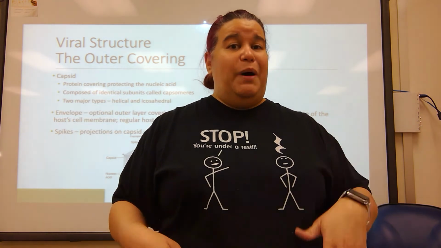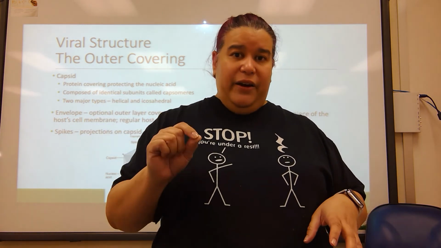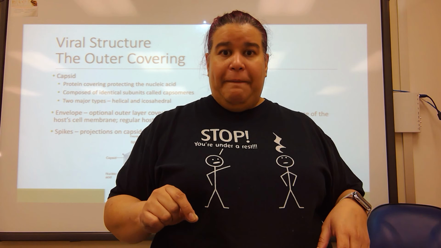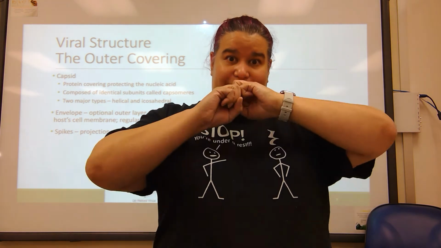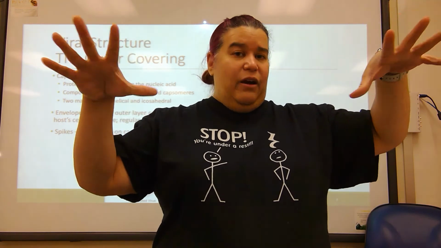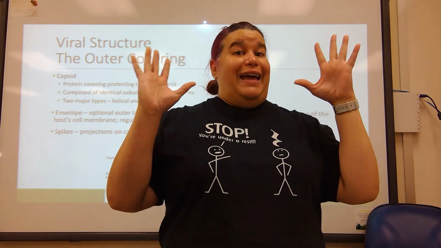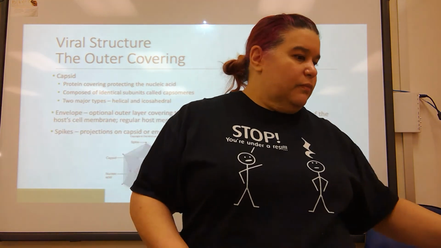Somebody with the flu can come up and lick my arm and I will not get the flu because the virus needs to be in your lungs. Okay? That's why it spreads into the air, which means that when you breathe it in, it goes into your lungs, and now I've got the perfect environment to infect. All right.